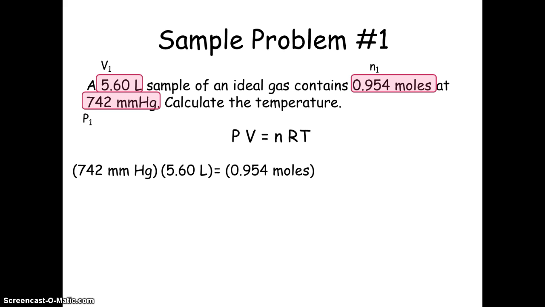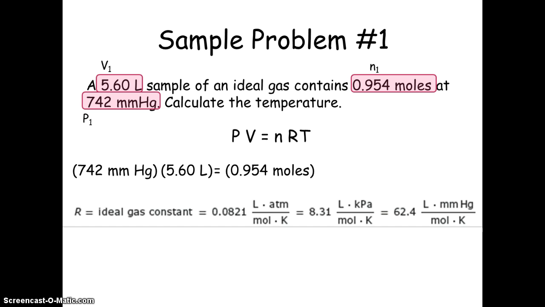N is 0.954 moles. And our gas constant, remember that here we're given pressure in millimeters of mercury, so we want to find the gas constant for millimeters of mercury, which is going to be 62.4.